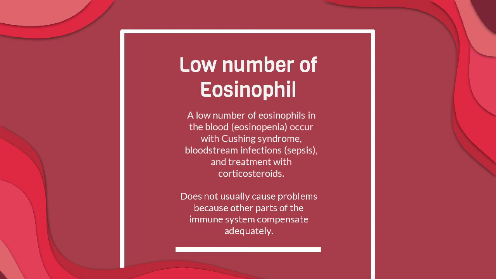However, a low number of eosinophils does not usually cause problems because other parts of the immune system compensate adequately. It is usually detected by chance when a complete blood count is done for other reasons. Treatment of the cause restores the normal number of eosinophils.